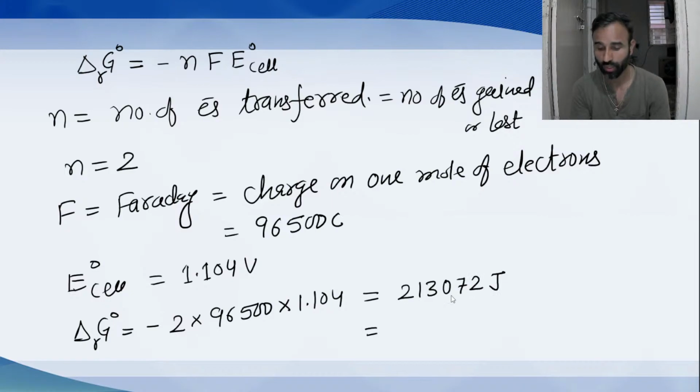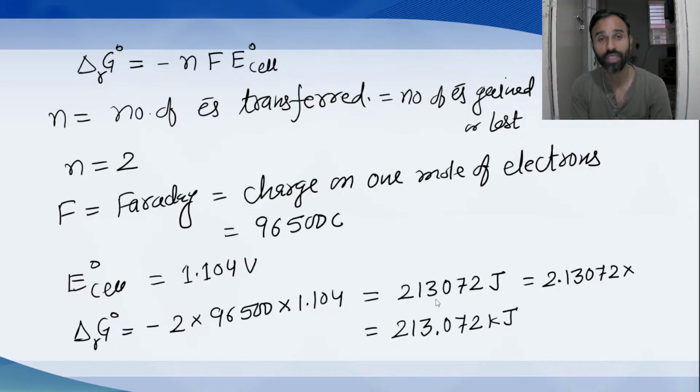Or in kilojoule, it is 213.072 kilojoule. Or in scientific notation, it is 2.13072 into 10⁵ joule.